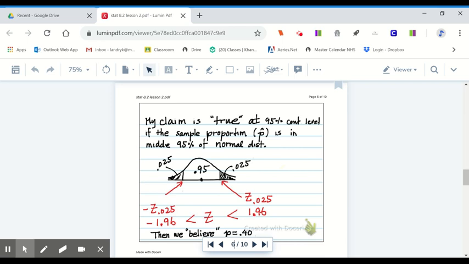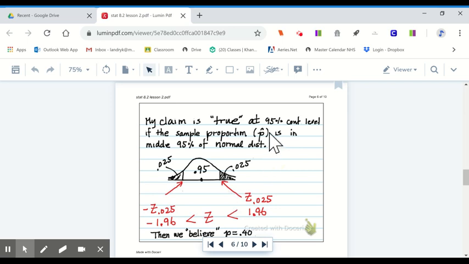Once I take a sample, we decide to believe the 40% at the 95% confidence level if the proportion from the sample is in the middle 95%, just like we did with the confidence interval. We'll believe it if the sample proportion is within a certain distance away from the center in the normal distribution.